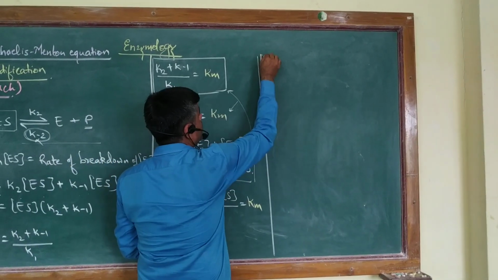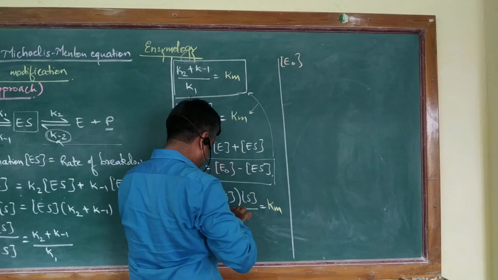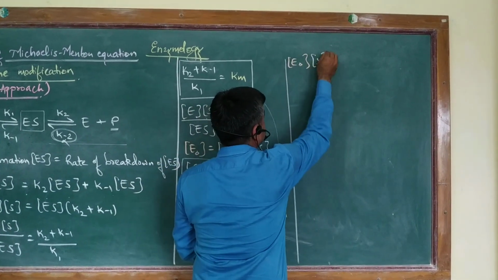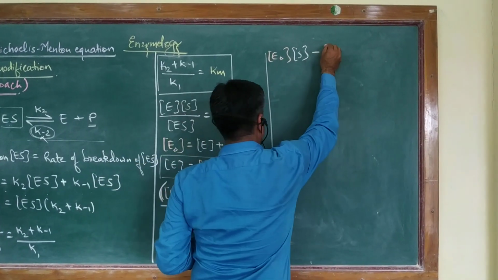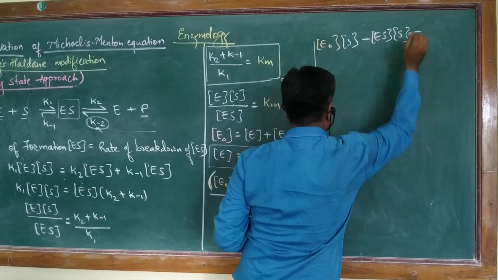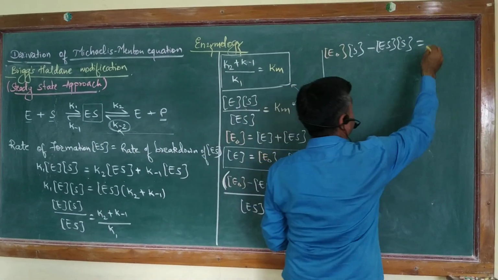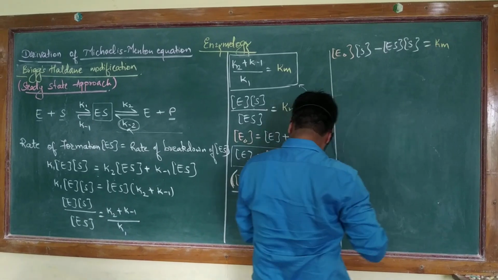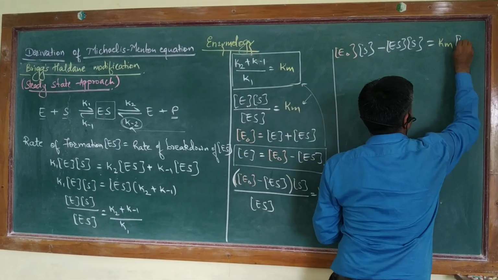So here, if you see, we have your E0 multiplied by your S, this minus your ES into S. Now this, as I told, I will take this side, so it is Km into your ES.